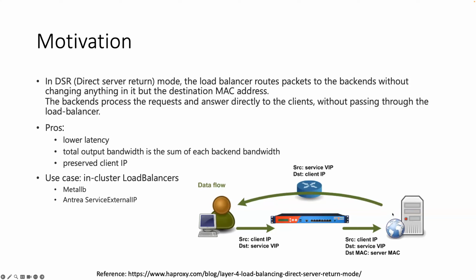Then the backend server can return to the client directly, because it has the original source IP, the client IP, and it also knows the server IP the client was accessing. Some implementations might use a tunnel or some other encapsulation mechanism.